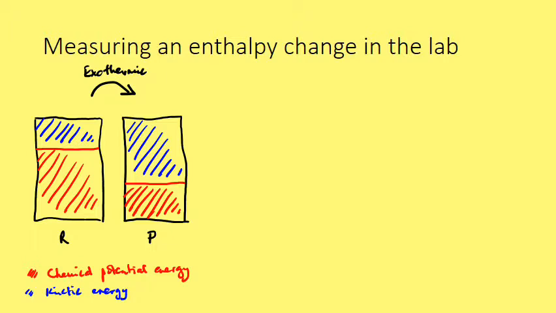What we want to do is measure the enthalpy change. In red, I'm going to draw a line from there to there, because that is the enthalpy change, delta H. That's what we're trying to measure. But how can we measure the chemical potential energy in a bunch of bonds in a reaction mixture? It's pretty difficult.